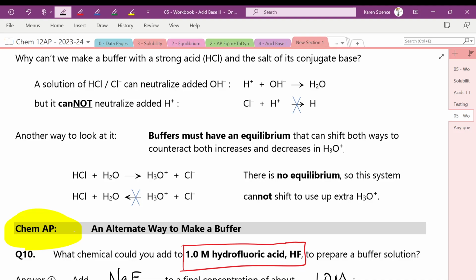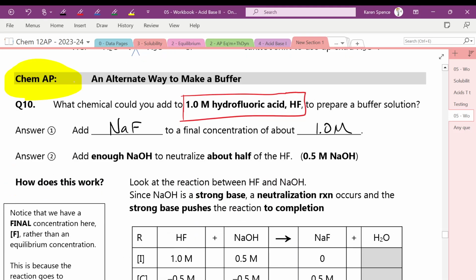So you'll have about 0.5 molar of each. That will definitely not come up in regular chem, and it might not come up in AP. I have seen it once in AP.